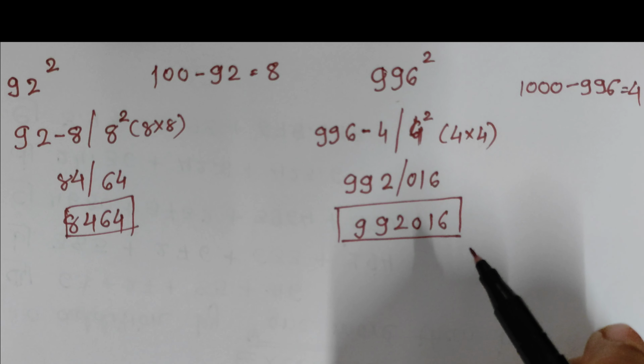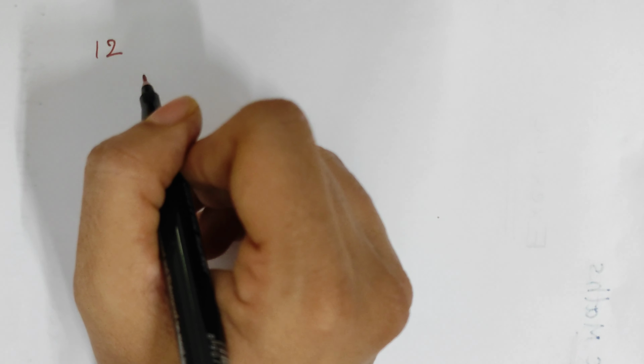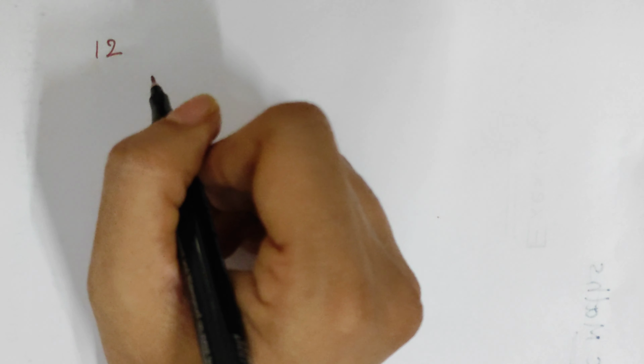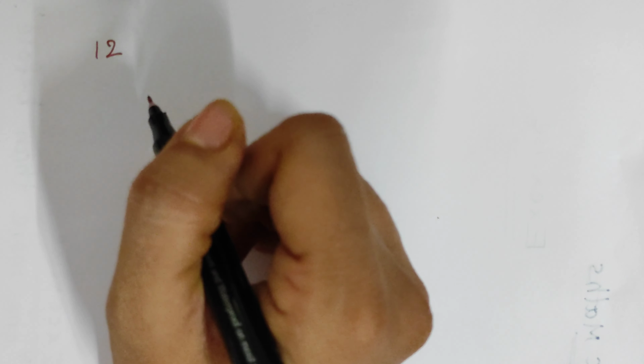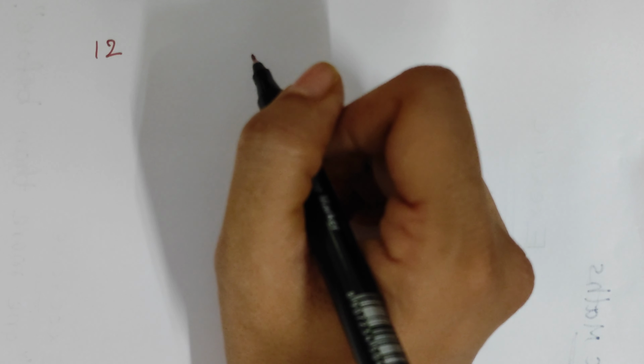We do another example of finding a square by use of the Yavadunam formula. Another example is 12. We find the square of 12 by the Yavadunam formula. Now we find the square of a number greater than the base. We find the 12 square.